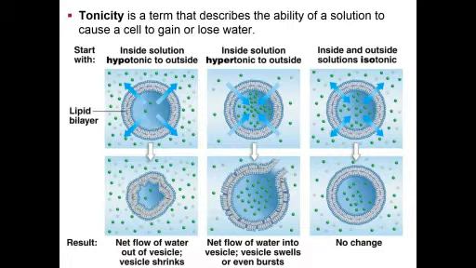If a solution is isotonic to a cell, let's say you take a cell and you place it in an isotonic solution. That means that it contains an equal concentration of solute particles to those that are found on the inside of the cell.